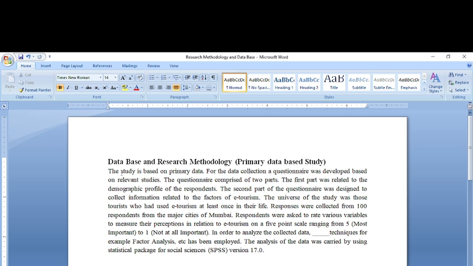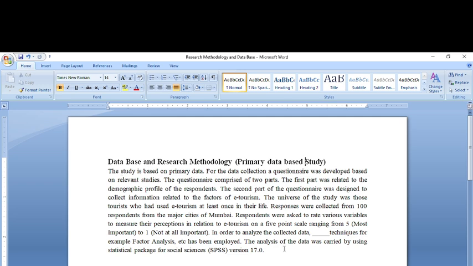The information relating to your respondents, the number of respondents, the questionnaire or the instrument that you've used. You also need to incorporate where the respondents belong to, and the scale you've used, the techniques you've used, and the software you've used.